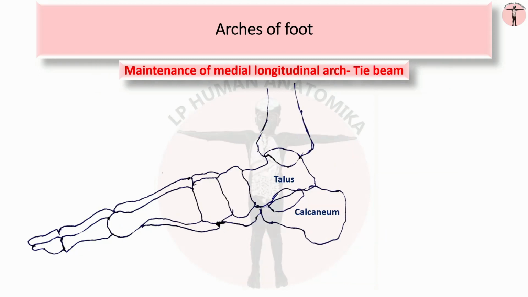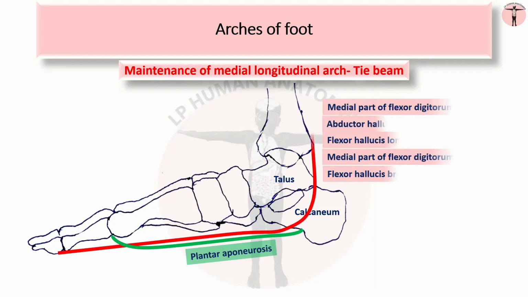The tie beams tying the ends of the medial longitudinal arch together are the plantar aponeurosis, the medial part of the flexor digitorum brevis, the abductor hallucis, the flexor hallucis longus, the part which is medial in the flexor digitorum longus, and the flexor hallucis brevis.